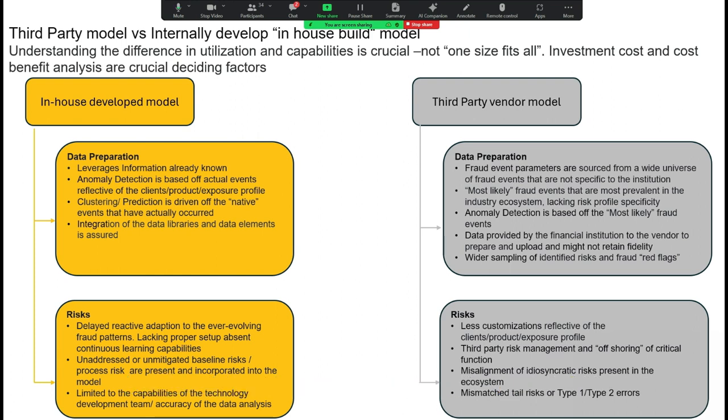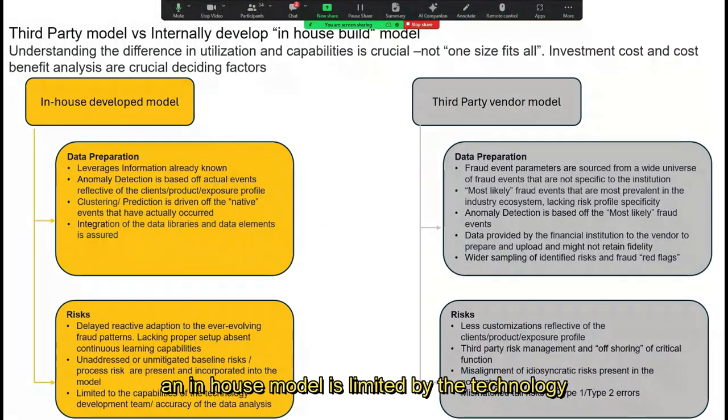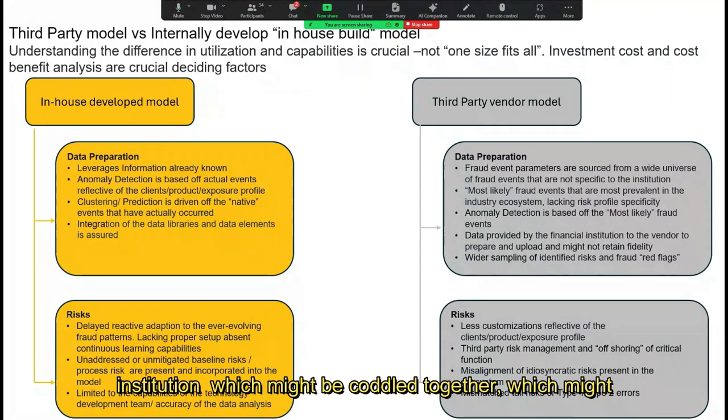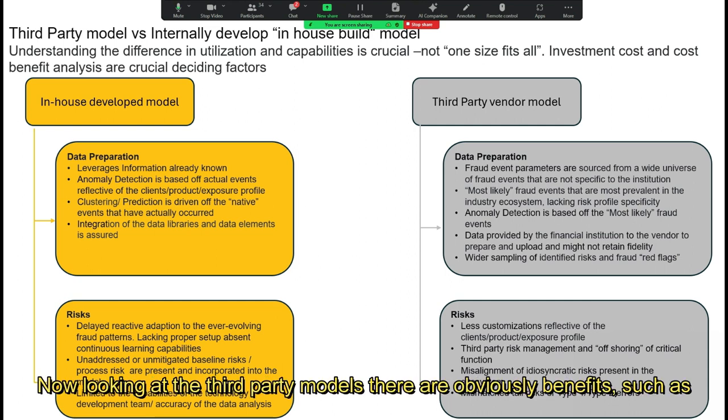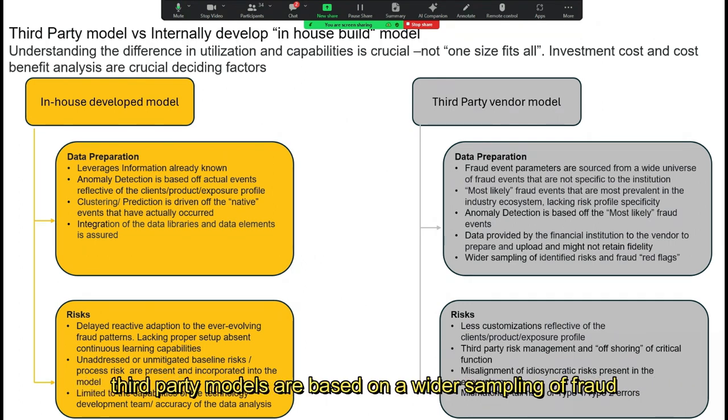And also, an in-house model is limited to the technology environment that is native to that financial institution, which might be cobbled together, which might consist of legacy systems, and which might not necessarily be reflective of the latest and greatest.